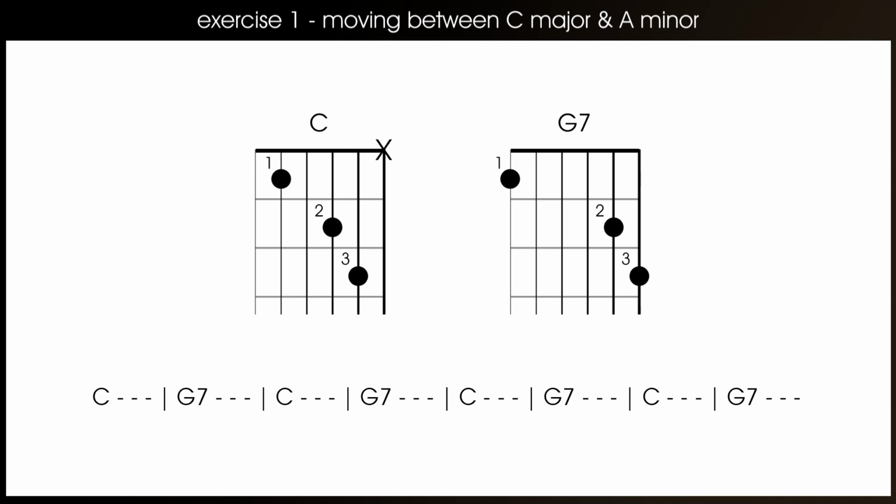With this exercise, we go from C to G7 4 times.